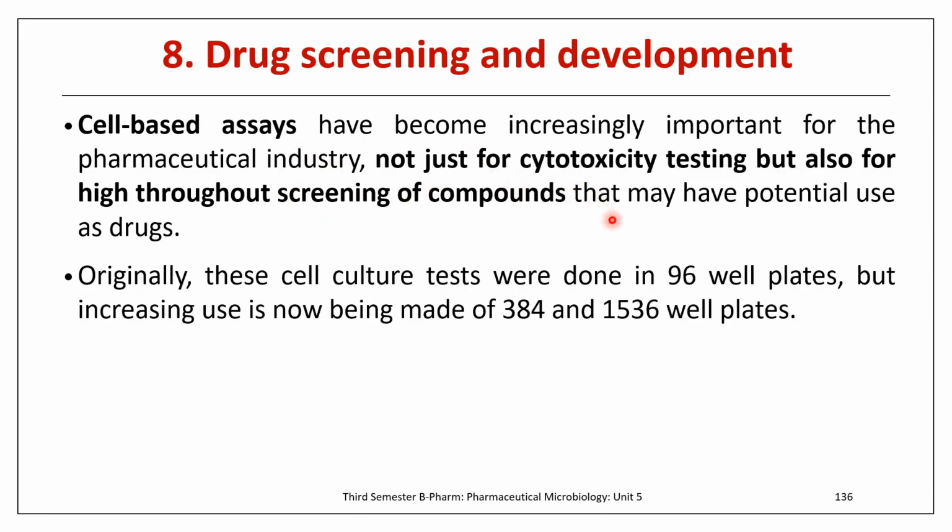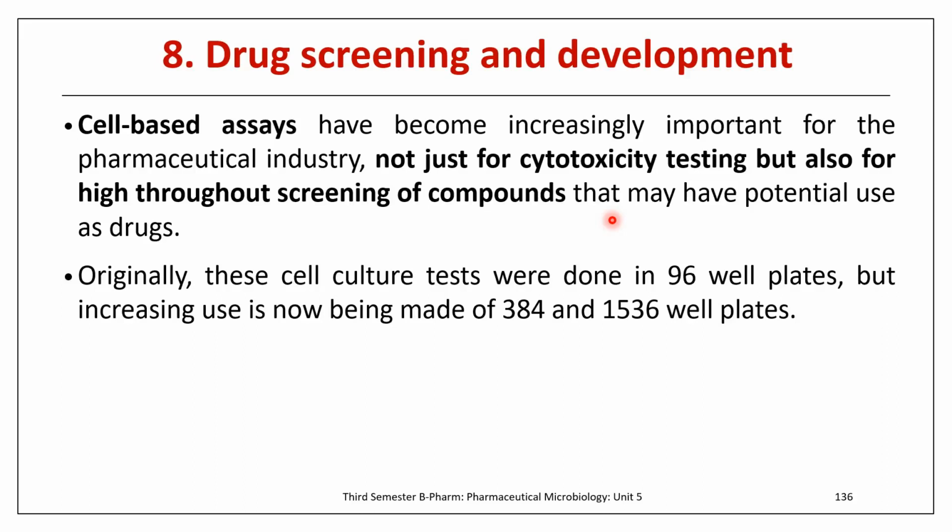If we are going to discover some kind of new drugs, and we don't know the pharmacological effect of those drugs, we have to do preclinical study as well as clinical study. Preclinical study means in animals, and clinical study means in humans. So before starting itself, we can screen the effect of the drug in the cell lines without sacrificing any animal or human.